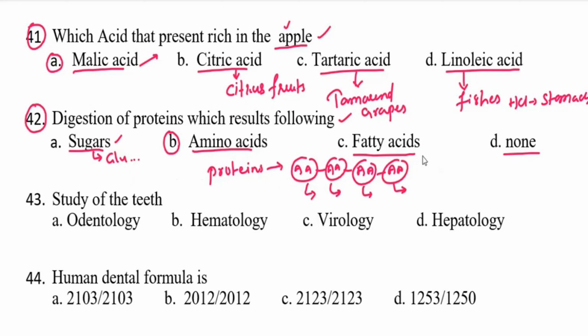Fatty acids are released from the breakdown of lipids. If lipids or oils are broken down by digestion, fatty acids are released. That means fatty acids are the sources for the formation of lipids, amino acids for proteins, and monosaccharides for carbohydrates. That is a good explanation for this question.